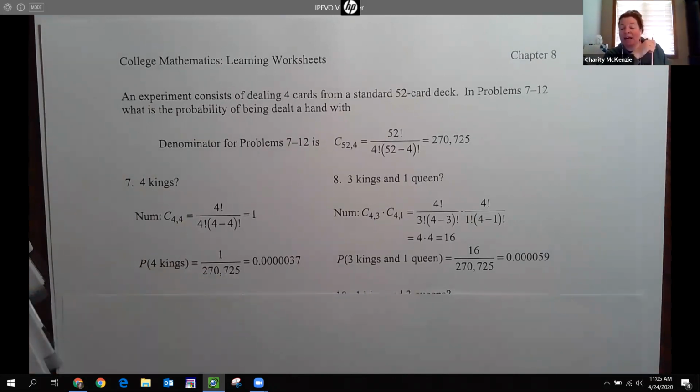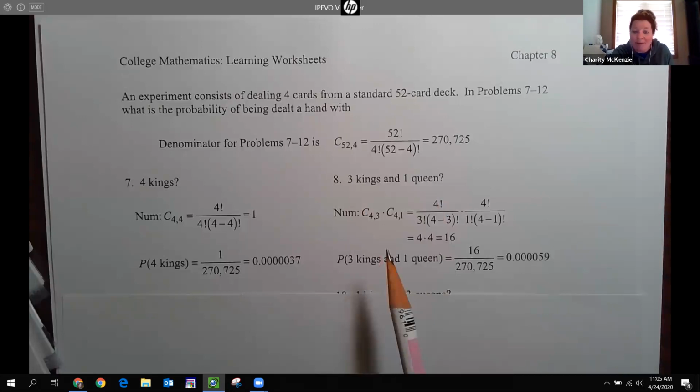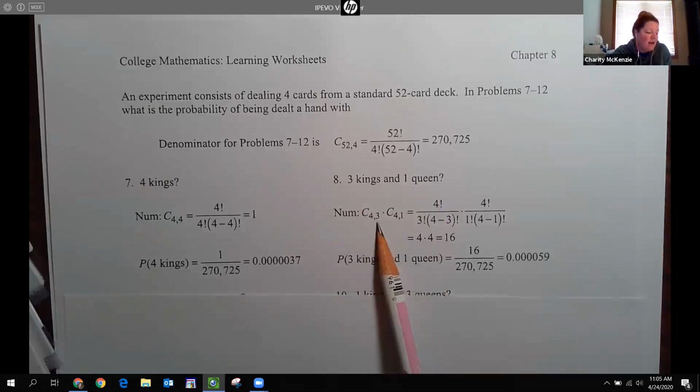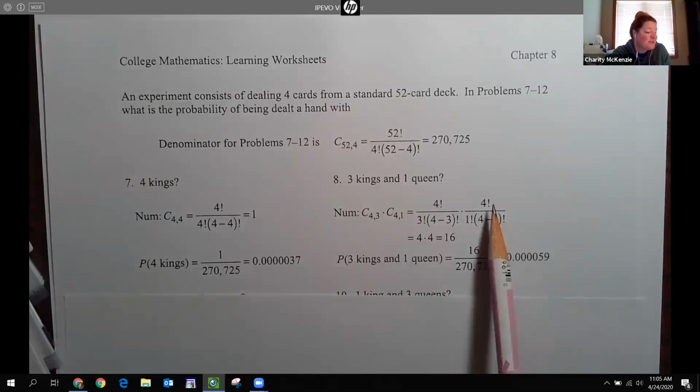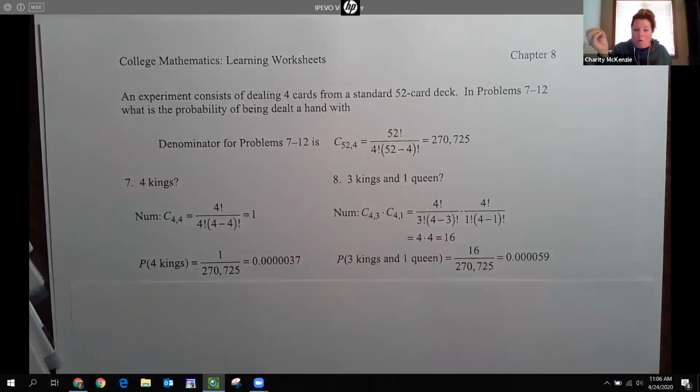That's why you'd win a lot of money. What about 3 kings and a queen? Well, then what we do, we still have our denominator the same, but we'll do 4 choose 3 combination, and we'll do 4 choose 1, and then we're going to times those together. The word "and," we times, or we add. Okay, and I want to get this one and this one.